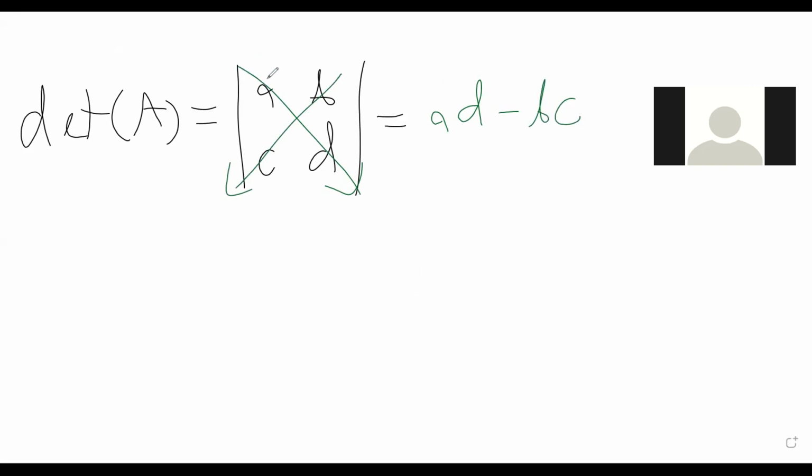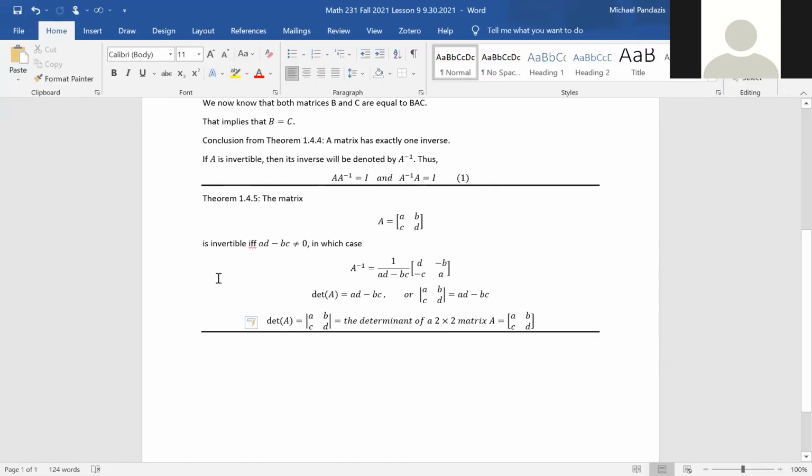Going to the right is positive, going to the left is negative. So it's a times d, the arrow pointing down right, minus b times c, the arrow pointing down left. Plus this product, minus that product: ad minus bc. That's a good visual way to remember how to calculate the determinant of the matrix.